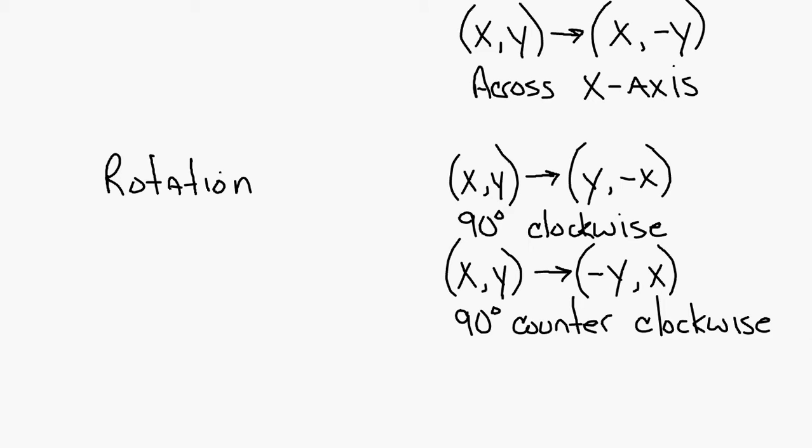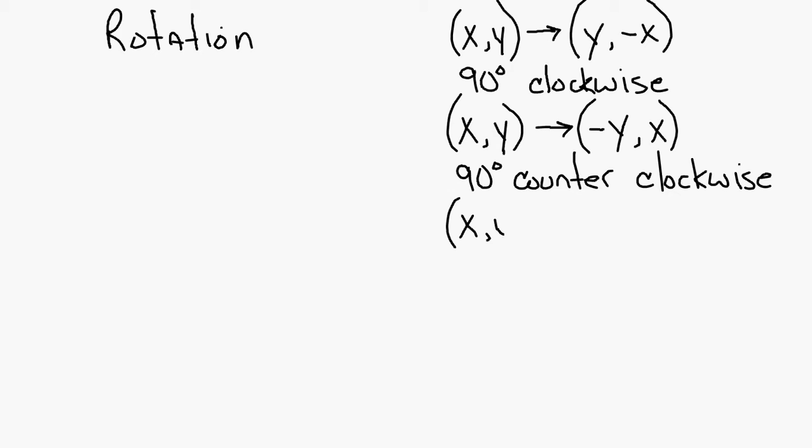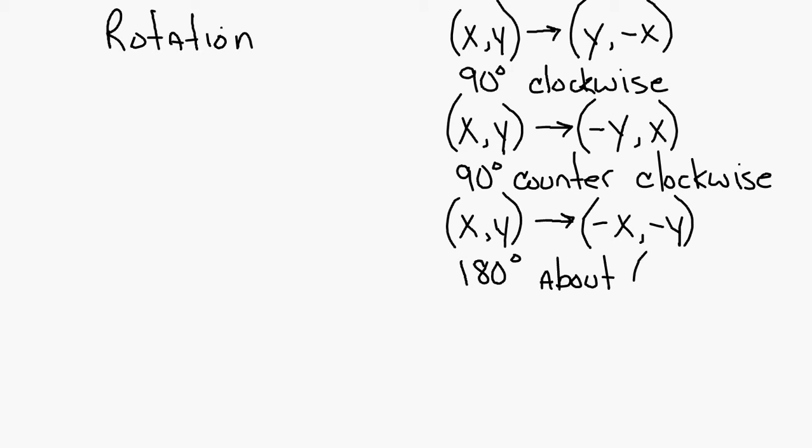And the third rotation that we'll talk about is when all of your xy values of the original image just get multiplied by -1. That is a 180 rotation about or around the point 0, 0.